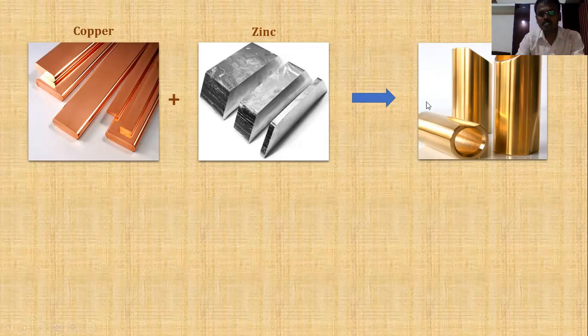So that means the new substance obtained is a mixture of copper and zinc. It is a mixture of copper and zinc. And since there is uniform mixing up of these two metals, it is also a homogeneous mixture, right? Similarly, let me give you one more example.